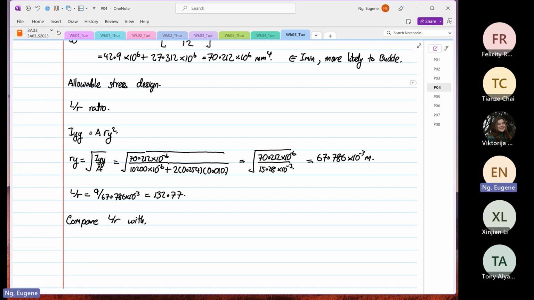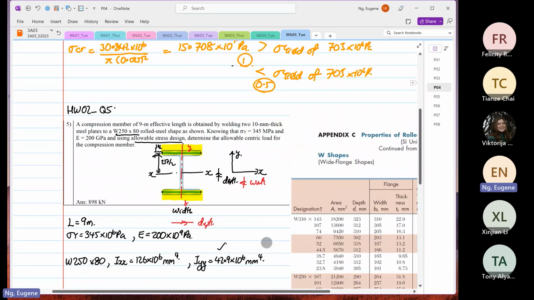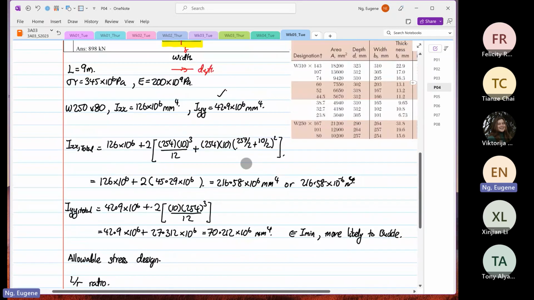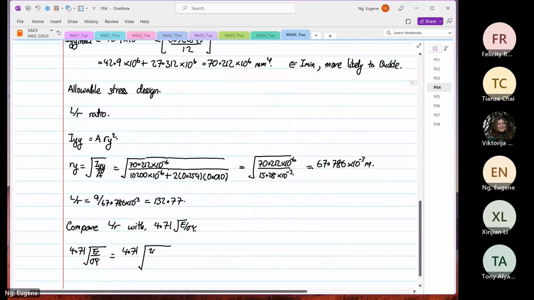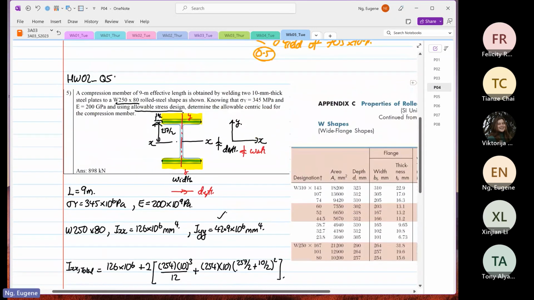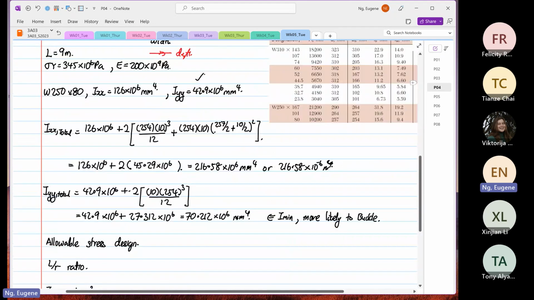Okay, 4.71 square root of E over stress Y. So 4.71 multiplied by the square root of our Young's modulus given to us, 200 times 10 to the power 9, divided by our yield strength. Yield strength is equal to 345 times 10 to the power 6.